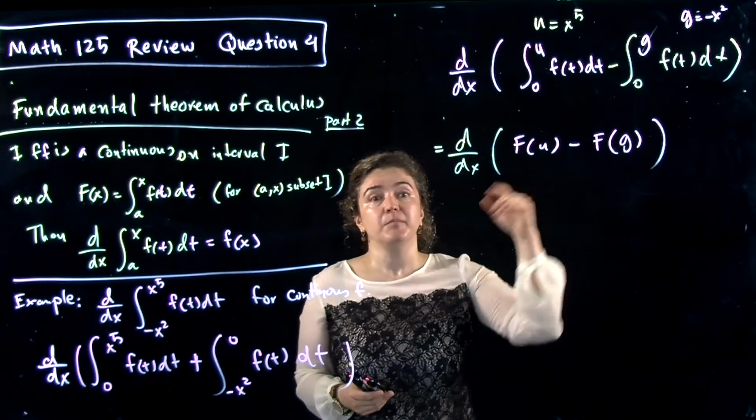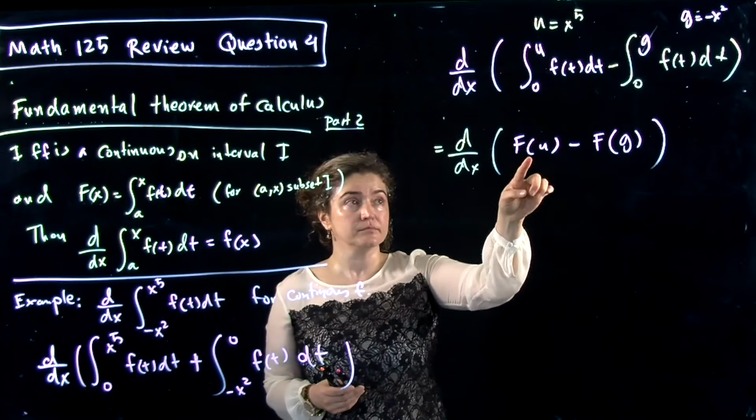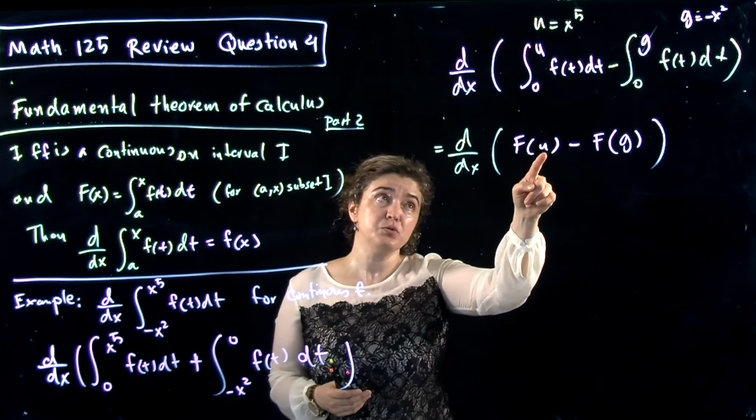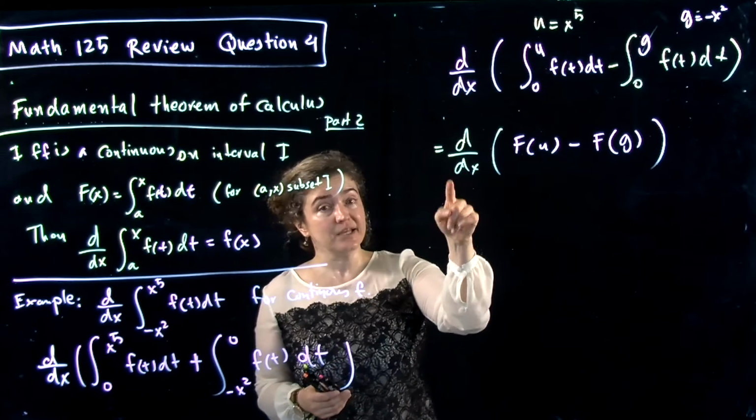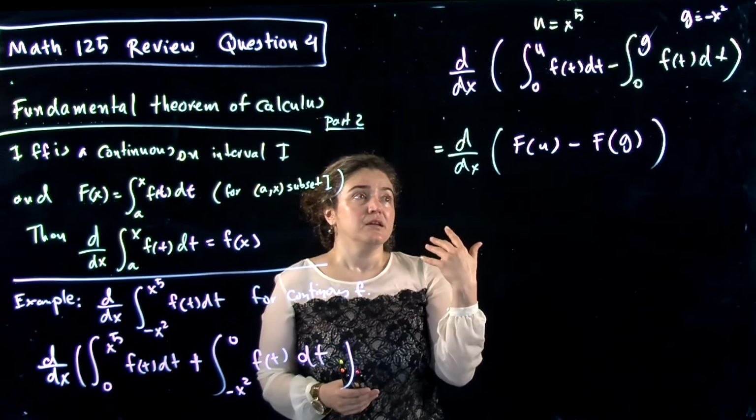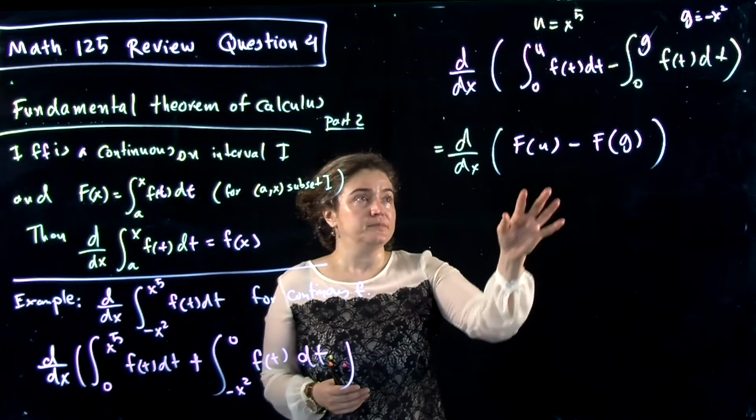Because u is a function of x and g is a function of x, and we're taking the derivative with respect to x, we are using the chain rule.